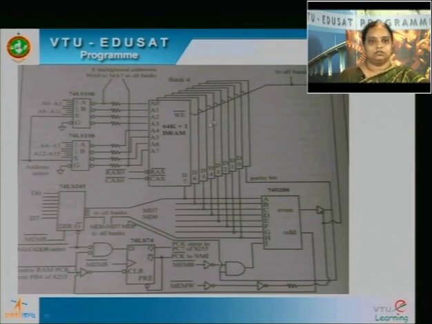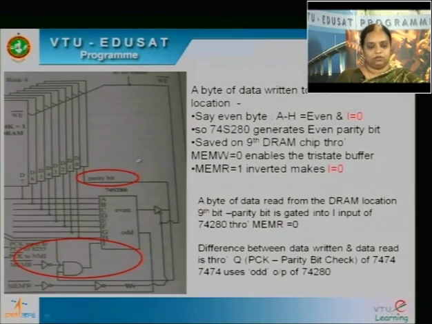Basically the setup consists of memory, 8-bit DRAM memory plus 1 parity checker. These address lines are decoded. Then we have the data lines, data to be written given to the DRAM as well as to the parity checker. Now let us look at the operation.